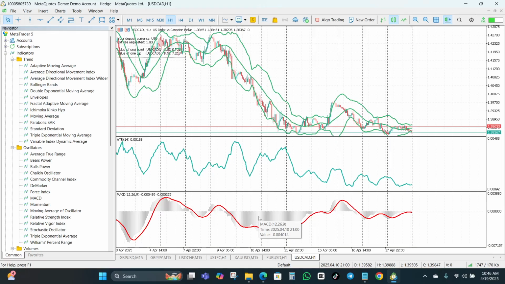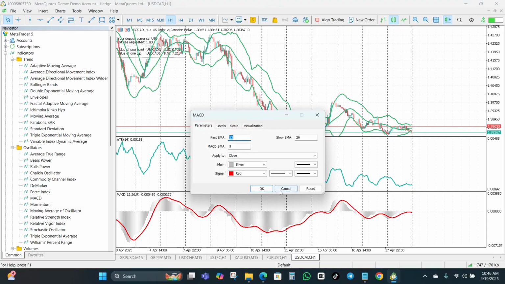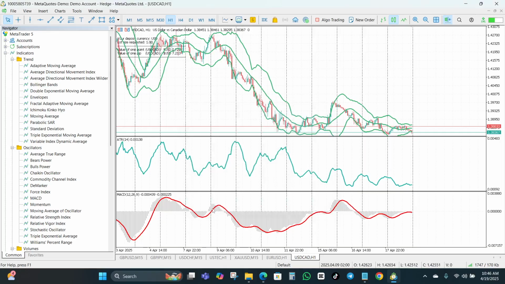When the MACD crosses above the signal line, or when it crosses above the zero line, basically you have a buy signal. So you'll be looking for buy opportunities when you have this crossover to the upside. And on the other hand, when there's a crossover to the downside, you'll be looking for sell opportunities. Very straightforward.